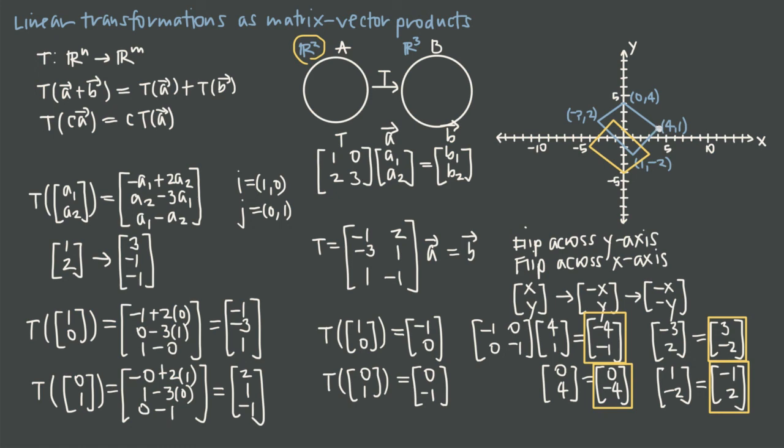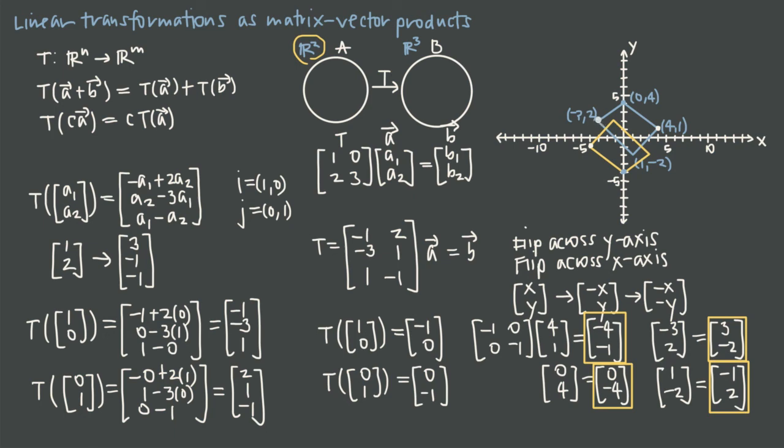Because if we start with this point, 4, 1, if we reflect it over y, we would get -4, 1. And then when we reflect it over x, we get -4, -1. And that gets us to this point here. When we reflect this point, 0, 4, across x and y, we get this point right here, 0, -4.